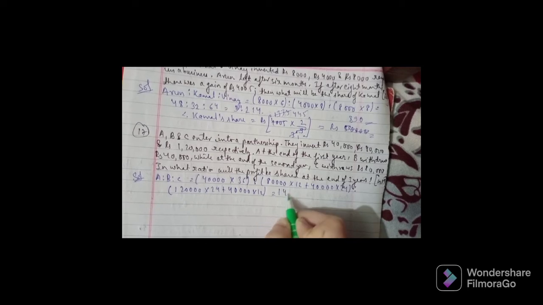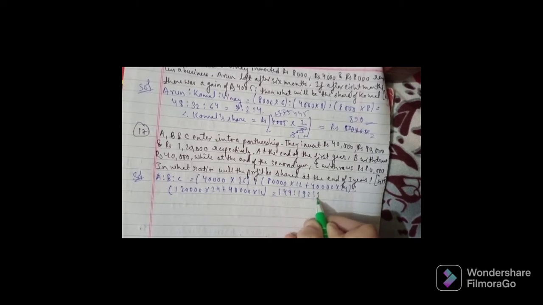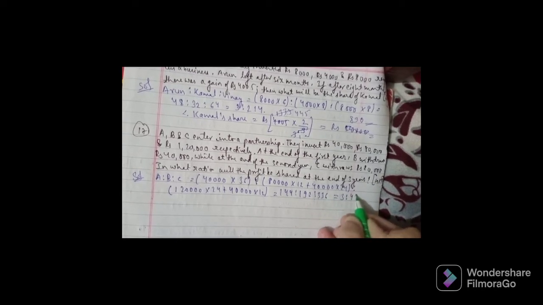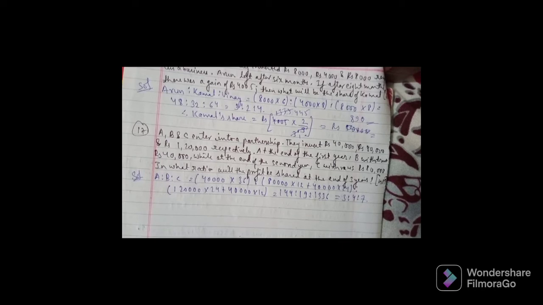What will it give you? 144 : 192 : 336. That will give you 3 : 4 : 7.